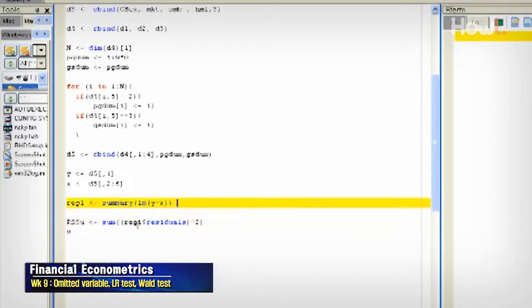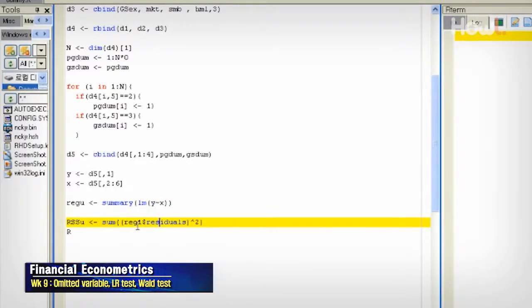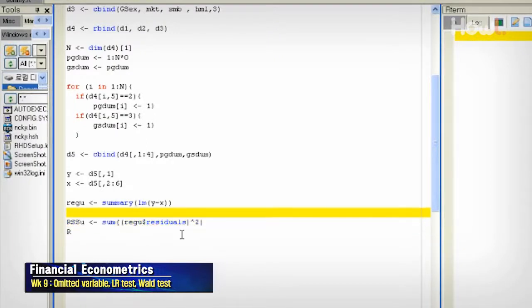So let me change the name: regression of unrestricted, U. Next we need the regression from the restriction, R. If we impose the restriction, basically we drop the two dummies.